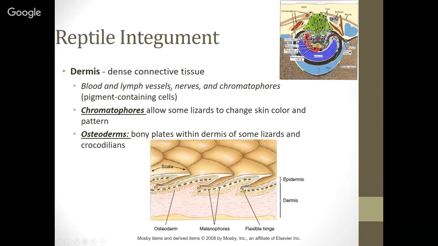Right, so within the dermis, we have dense connective tissue. That's where blood, lymph vessels, nerves, and chromatophores, which are also those pigment-containing cells. Chromatophores will allow some lizards to change skin color and pattern. Osteoderms are these bony plates within the dermis of some lizards and crocodilians.